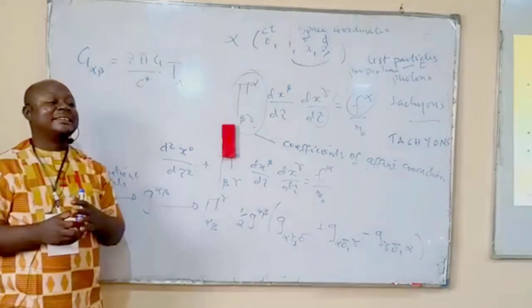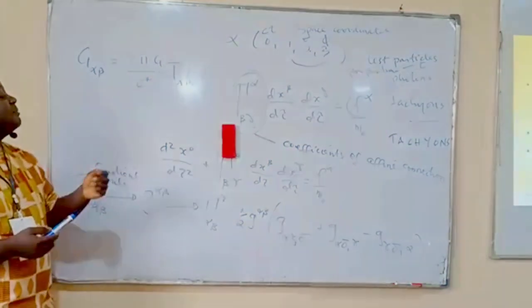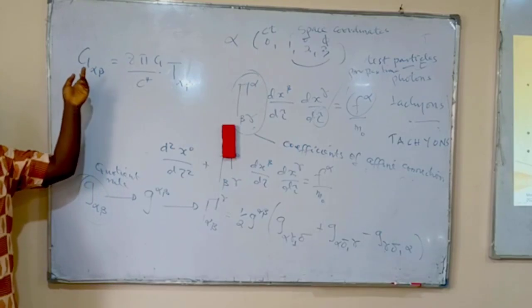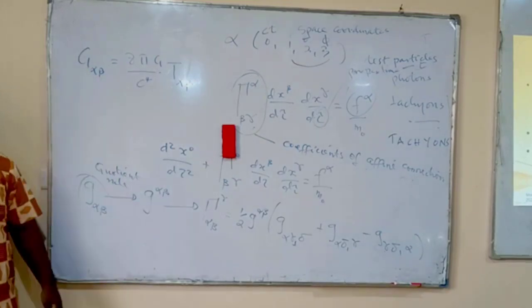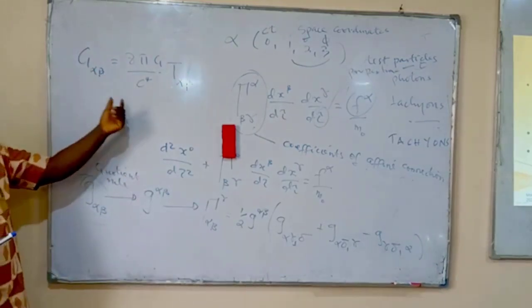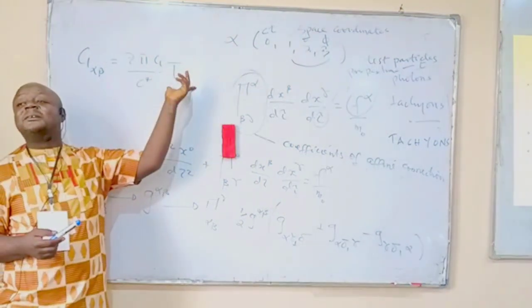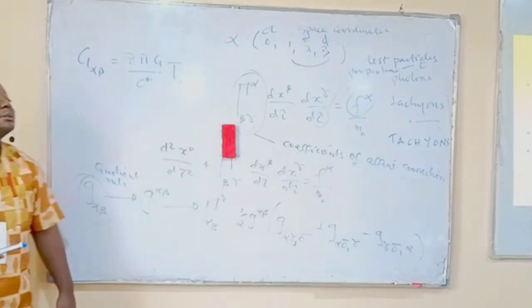Who has seen why there are 16? Because we are dealing with tensors of rank 2. This is a tensor of rank 2. This is another tensor of rank 2.